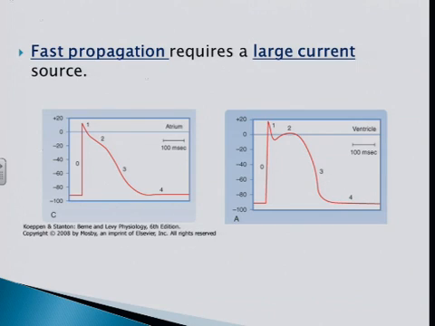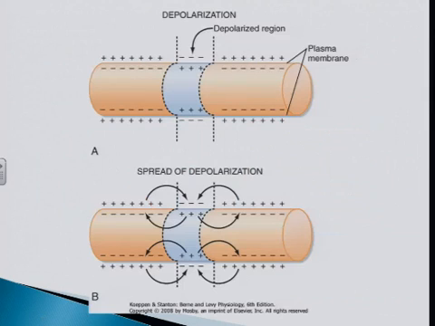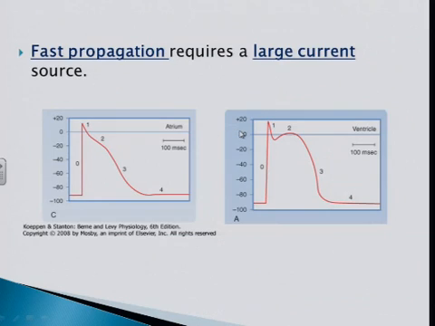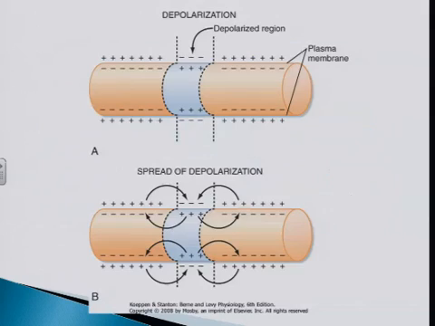Fast propagation, however, requires a large current source. And that's why atrium and ventricle have this fast, abrupt wave here, phase 0 depolarization. This large current source is necessary because you have to depolarize the area around cells.